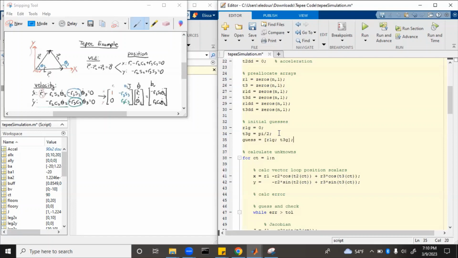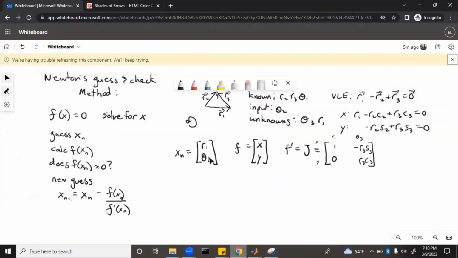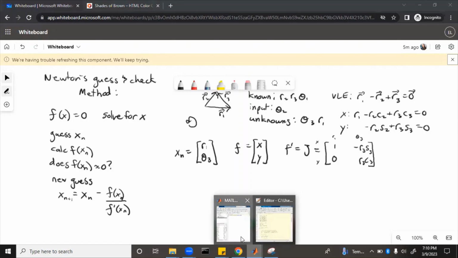This is a column vector, and if you go back, that's because looking at this theta dot, or even if we go back to the whiteboard, R1 and theta 3, xn is our guess. So we have to put those two things in a guess matrix. Just like we need to put x and y into a matrix called F. So we'll go back to Matlab.